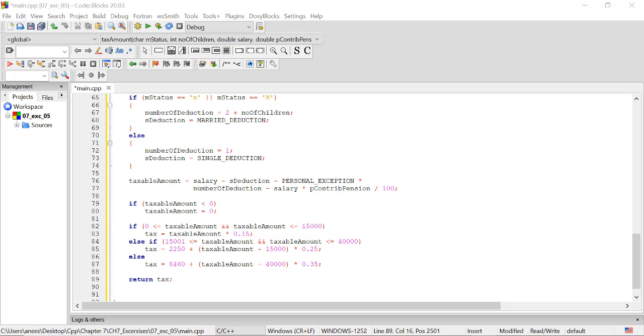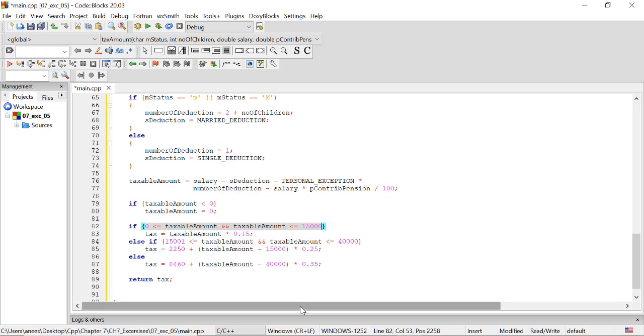That means that in words, this is the equivalent of what it is. So we have: if the taxable income is between 0 and 15,000, then the tax is equal to the taxable amount times 0.15.